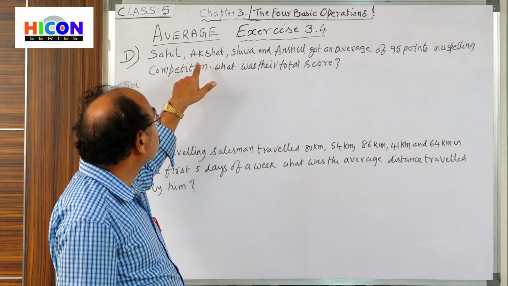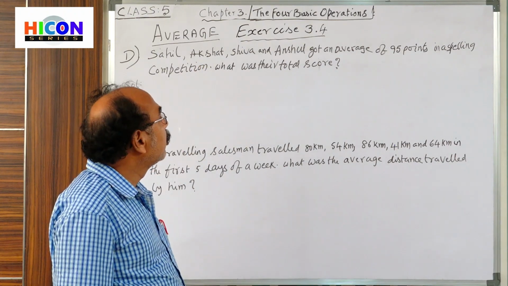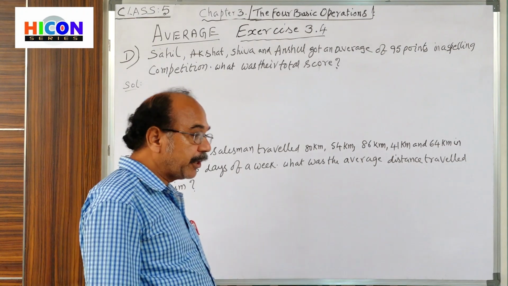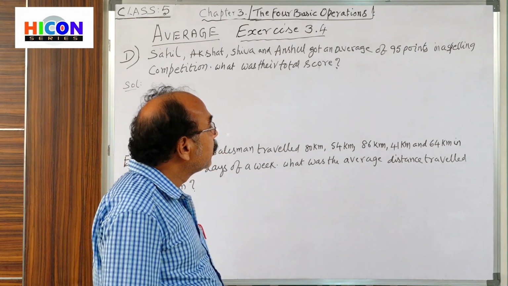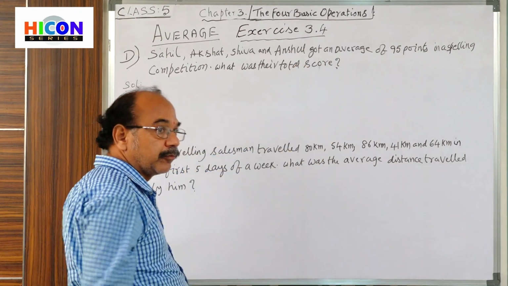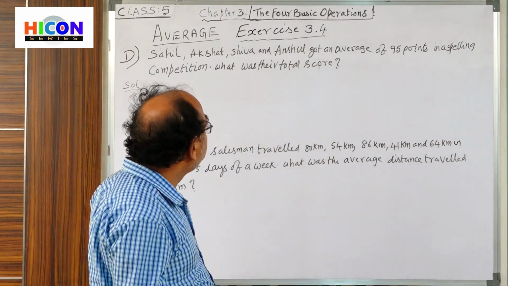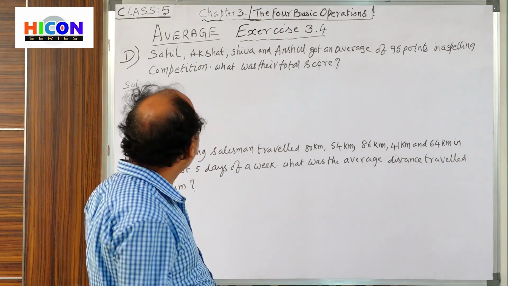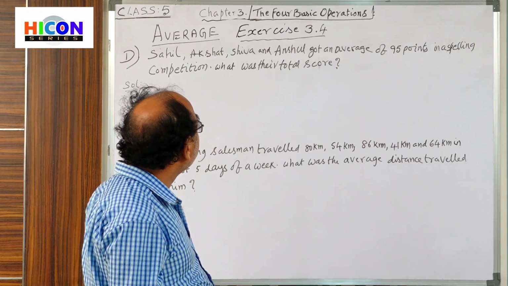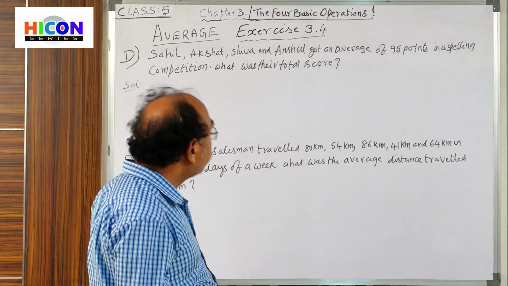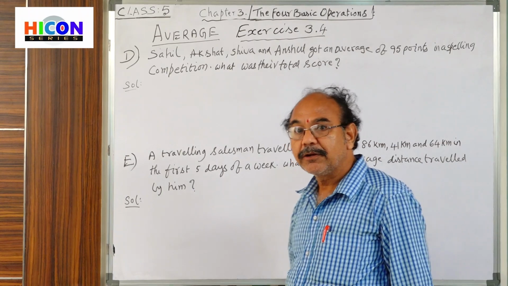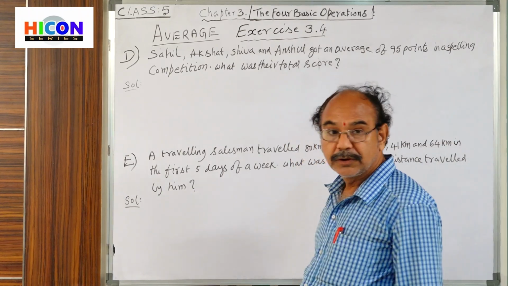Sahil, Akshat, Shiva and Anshu got an average of 95 points in a spelling competition. What was the total score? That is the problem. In this problem, how many persons are there? 4 persons.